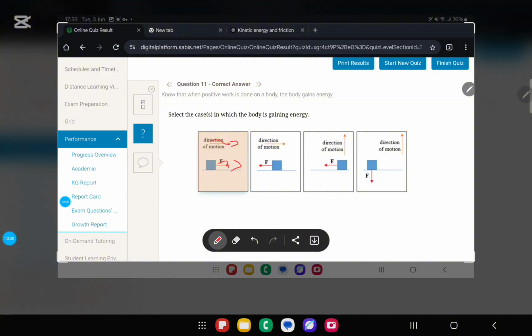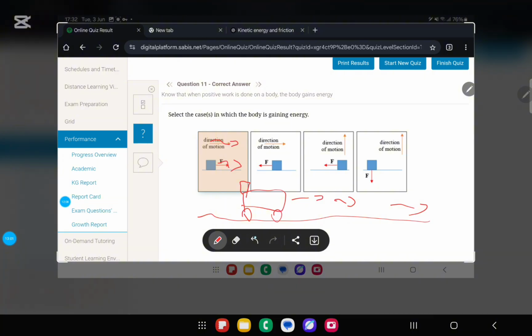Like how you push a cart, for example, on a smooth floor. You push a cart along a smooth floor, and it will keep moving faster and faster. At that point, it's gaining energy until it slowly slows down.